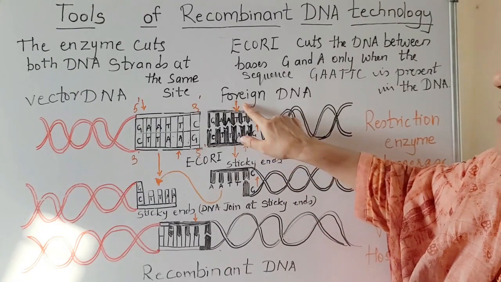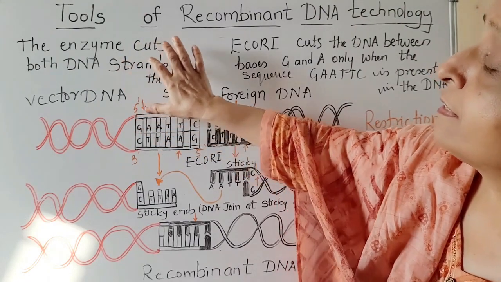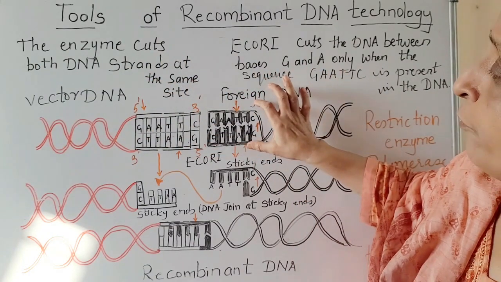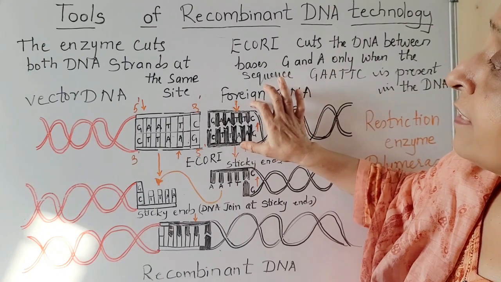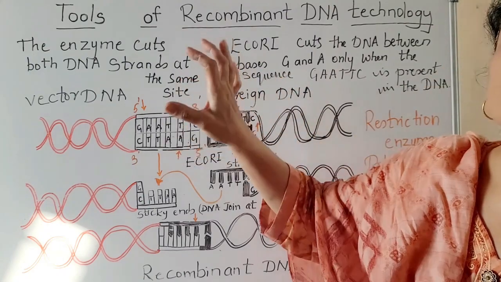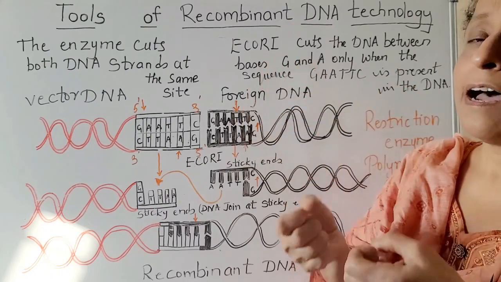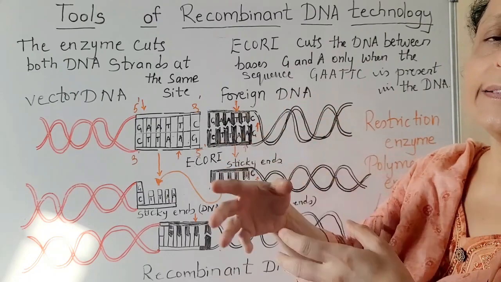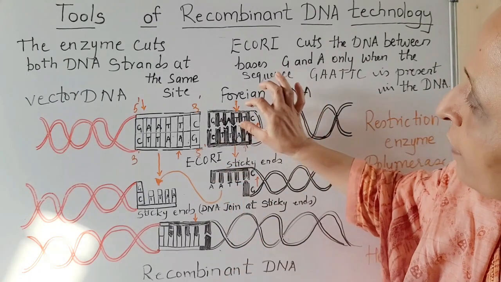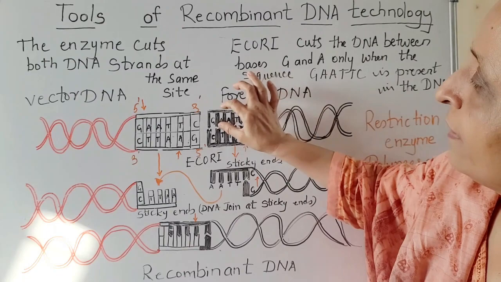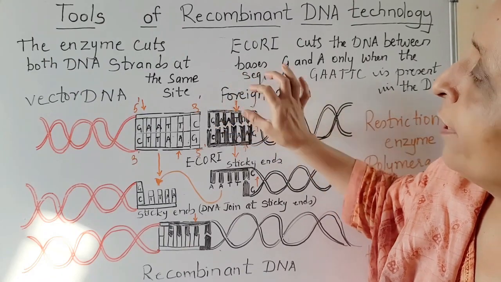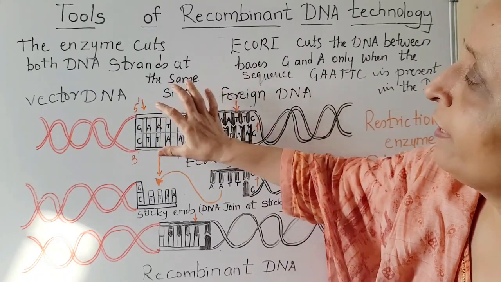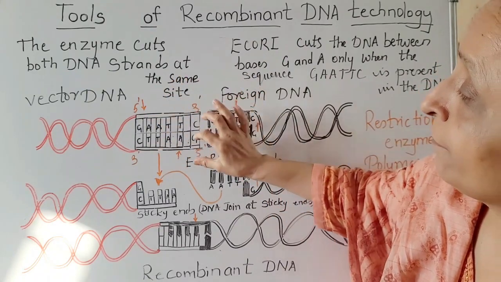Here this is the vector DNA, and this is the foreign DNA. Now you have to attach this desired DNA to the vector so that we get the desired genes for production of protein, hormone, enzymes, whatever we want. This foreign DNA, the desired DNA, has to be fixed to the vector. This sequence has to be right, 5-3.